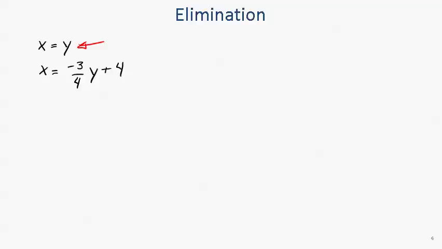So we can just substitute this value for x, or this value for y, in there, and we will get this equation: x is equal to minus 3 over 4 x plus 4.